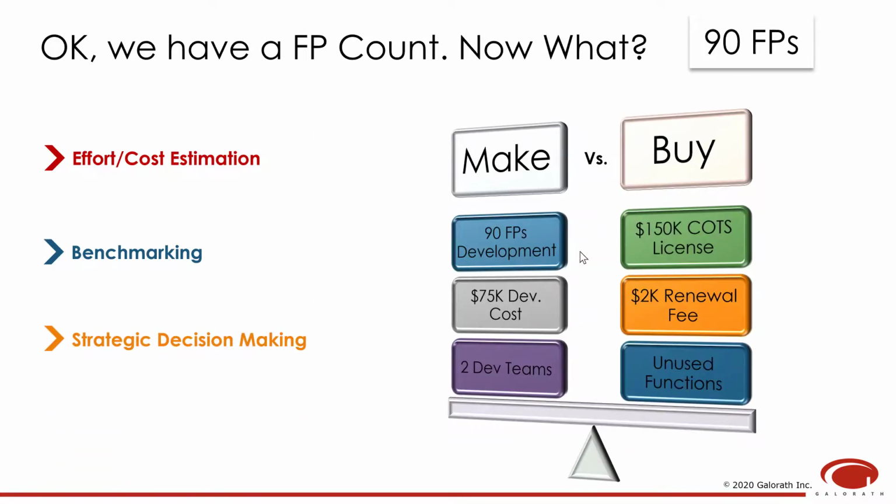Finally, function points can also be used for strategic decision making. For example, make versus buy analysis. An organization can use the function point count to determine if it is more beneficial to develop a specific solution in-house or get a commercial off-the-shelf product instead.